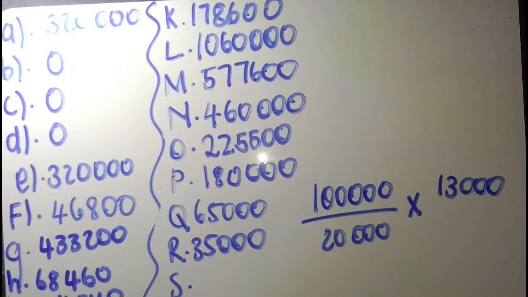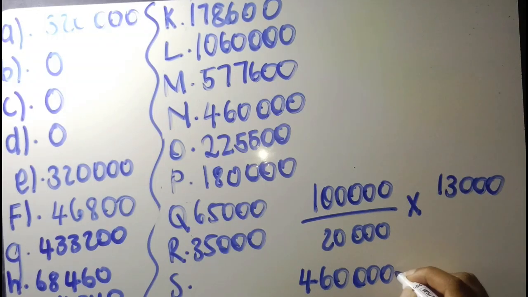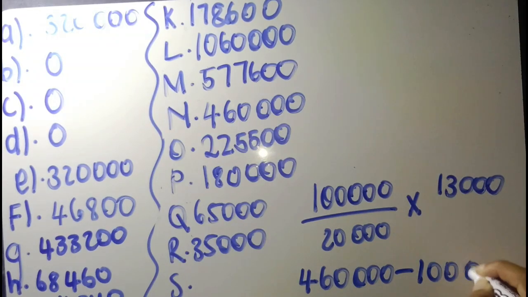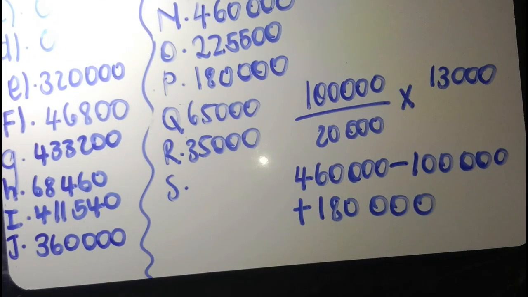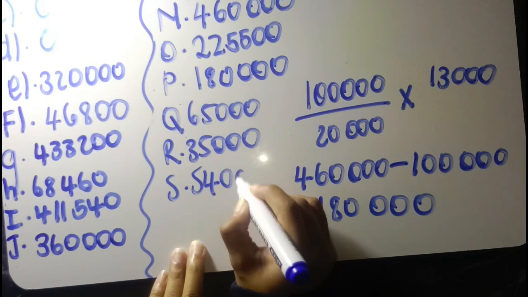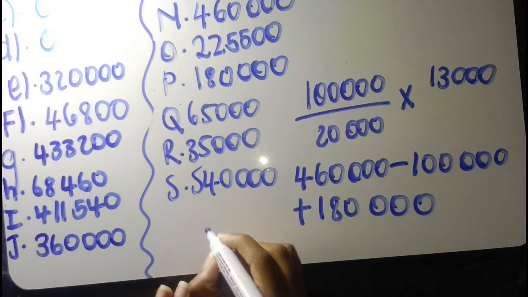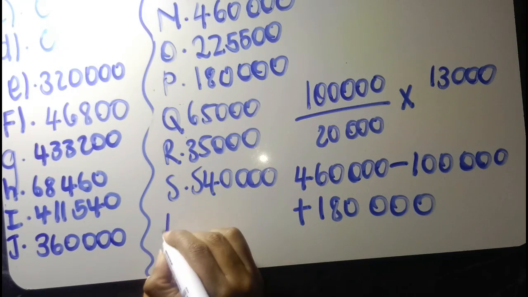So meaning that you're going to say 460,000, which is the beginning one, minus the one that we sold, 100,000, plus the one that we bought, which is 180,000. Can you see that? Yes. So now that should give you 540,000. And now let's move on to T.